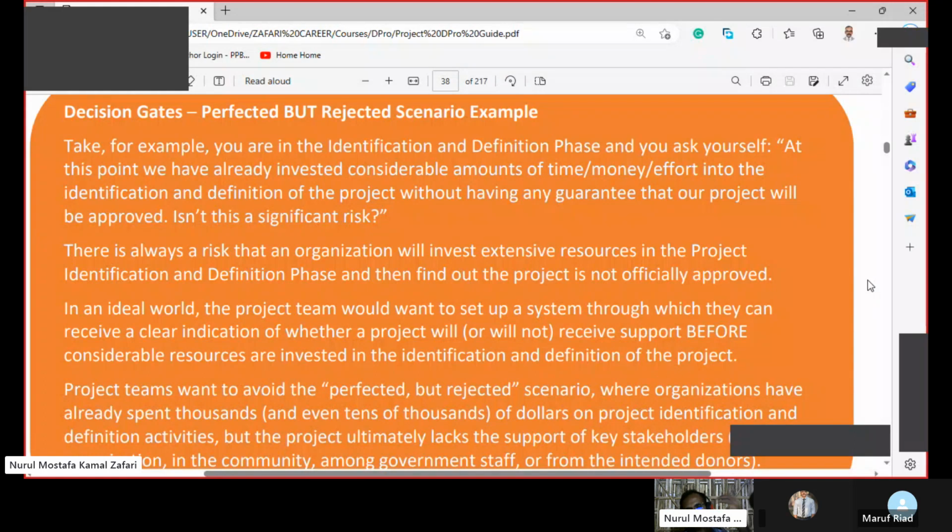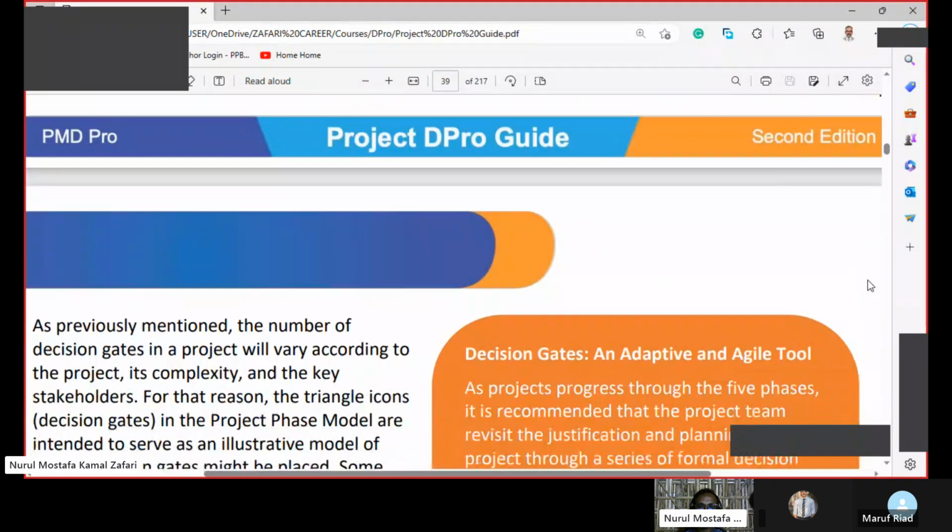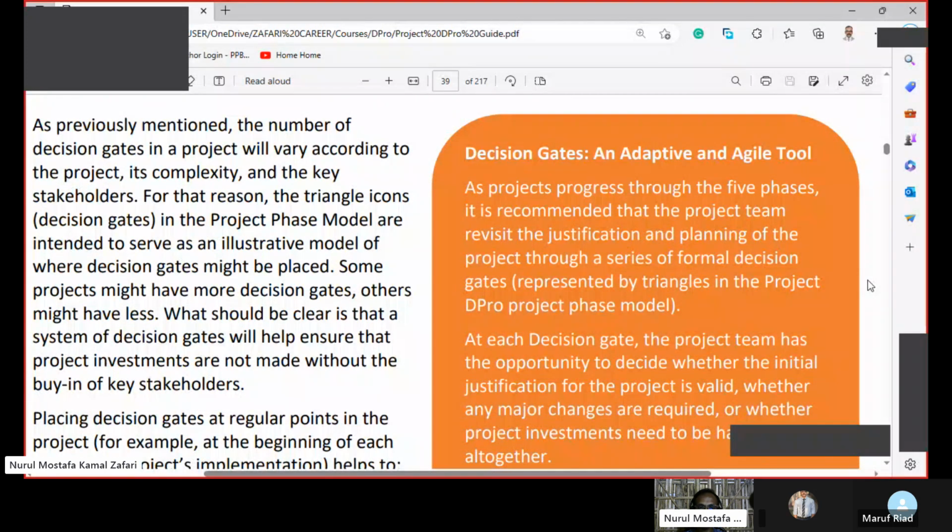So now the project has been perfected, but it's rejected. And in this point, our investment, tens of thousands of dollars we have invested, it has gone in vain.